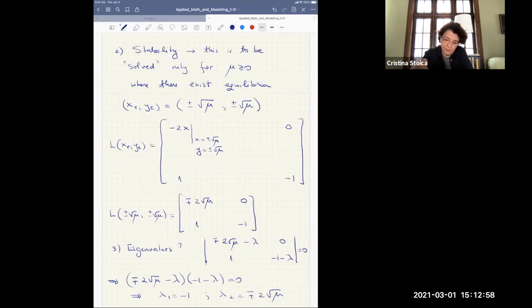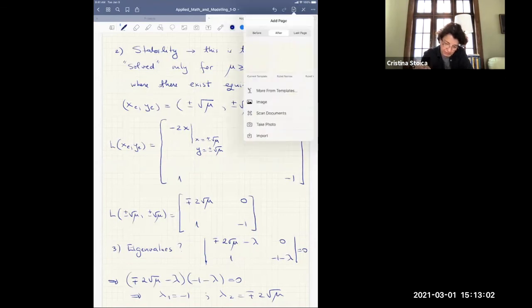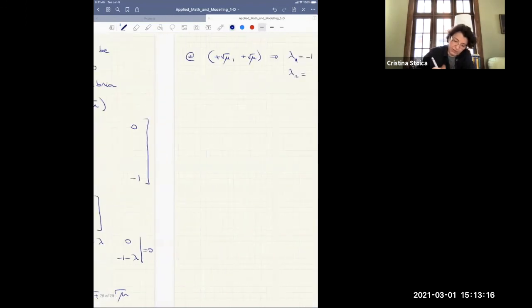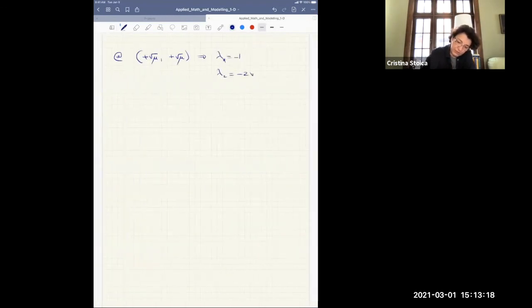Okay. So let's put them together now carefully, right? So at plus root mu, we have lambda 1 is minus 1, and lambda 2 is with minus, right? It's important. Okay.